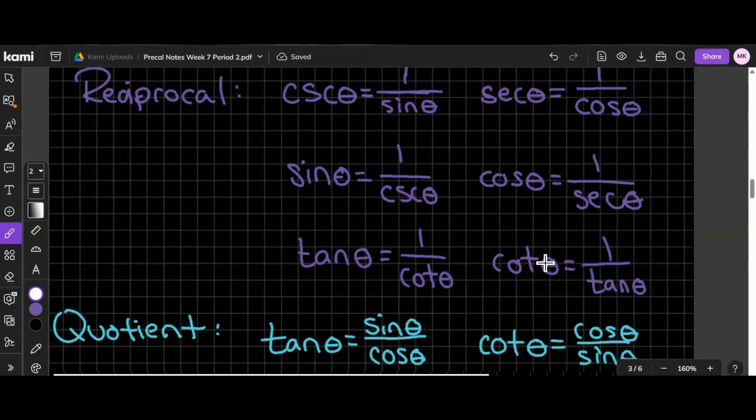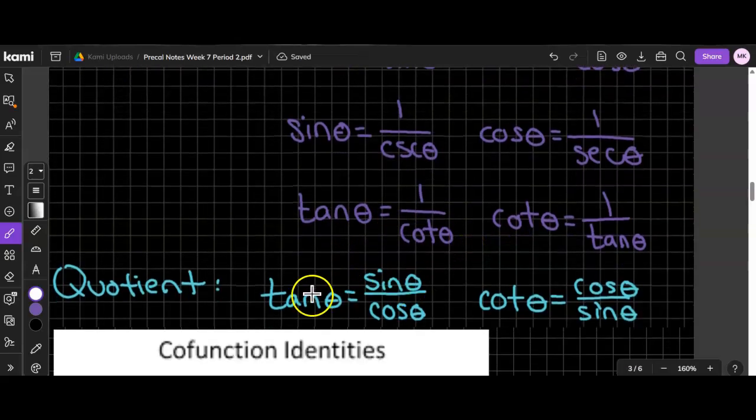Now, for a lot of the strategies we'll take in working with trigonometry, we sometimes will want to leave things in terms of tangent and cotangent, but most frequently, we'll actually want to break tangent and cotangent up into its parts and write it as the fraction of sine over cosine and cosine over sine.